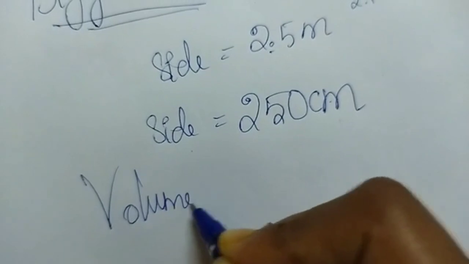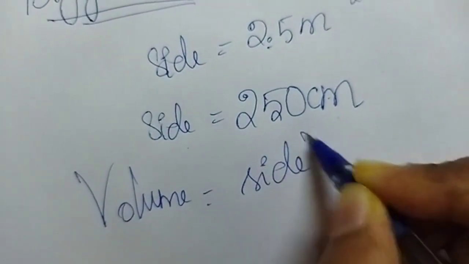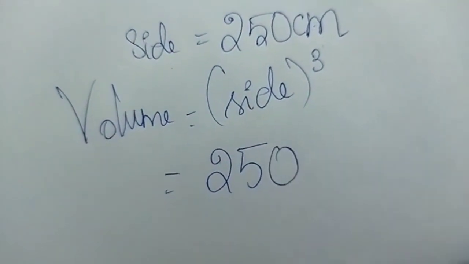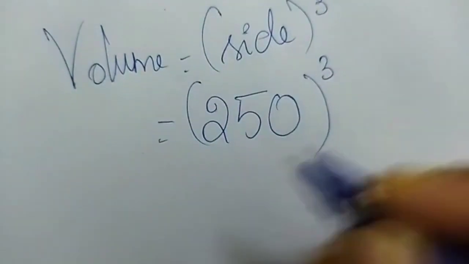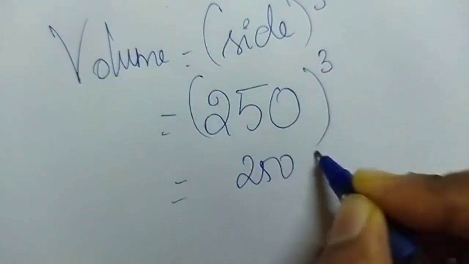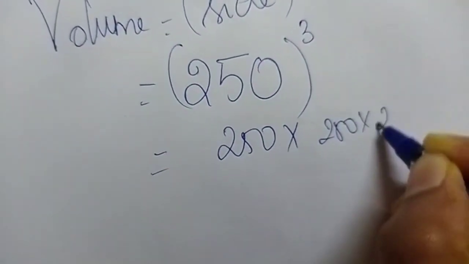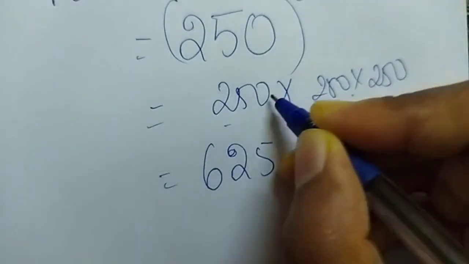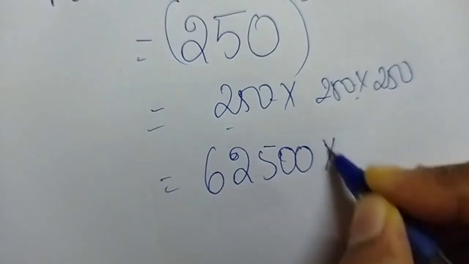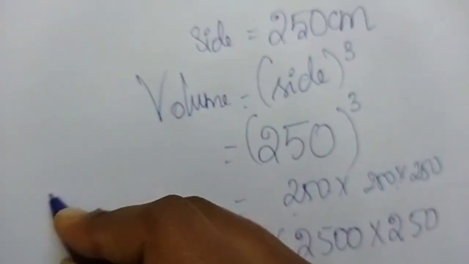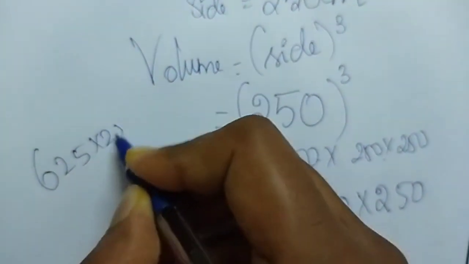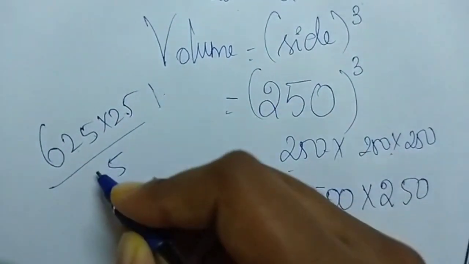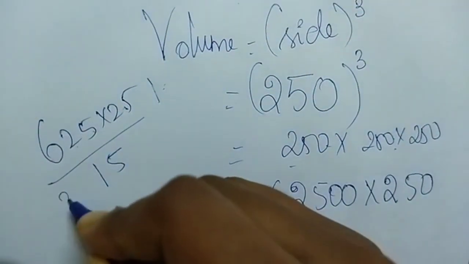Volume is equal to side cube. So 250 whole cube. That is 250 into 250 into 250. 25 into 25 is 625, and 2 zeros into 250. So 625 into 25. 5 5s are 25, balance 2. 5 2s are 10 plus 2, 12. 6 5s are 30 plus 1, 31.